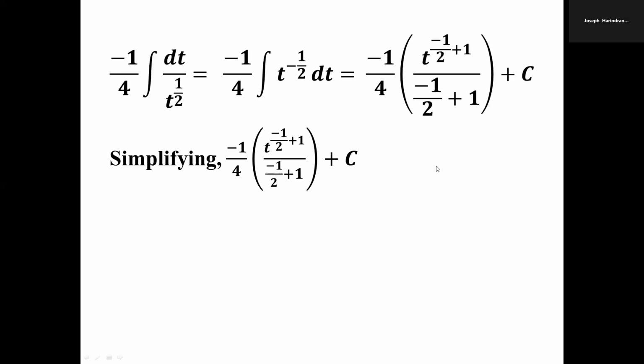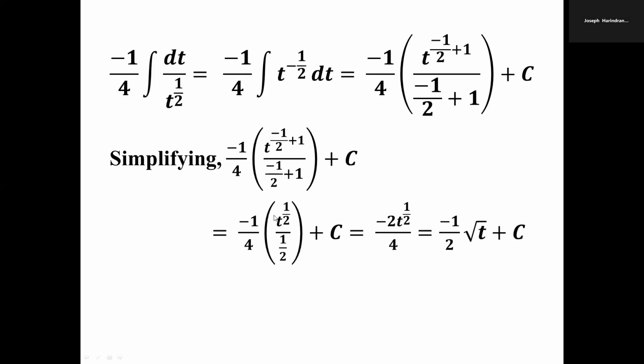Simplifying this expression, we get minus 1 by 4 into t power minus half plus 1 by minus half plus 1 plus c. We will be getting minus half plus 1 is t power half, and the 2 goes up and then becomes minus 2 t power half by 4, which will get cancelled when we write the integration.